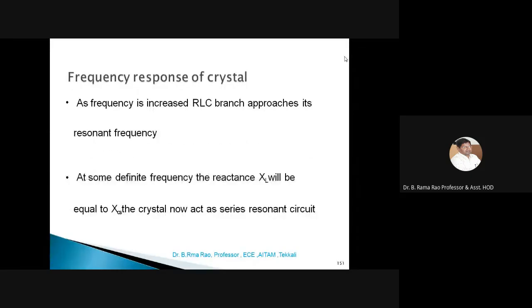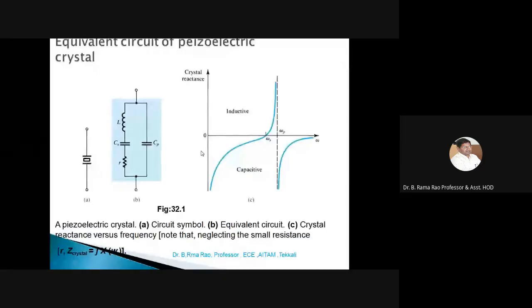And the frequency response of this crystal increases as the RLC branch approaches its resonant frequency. In the equivalent circuit, these two arms are parallel.